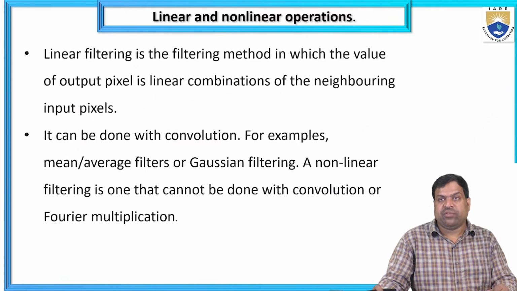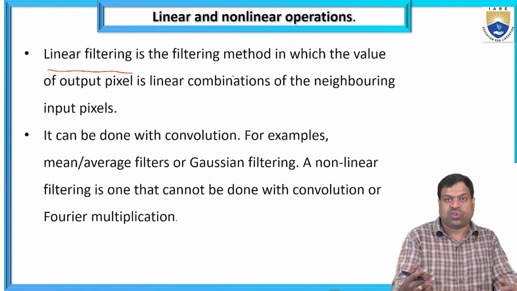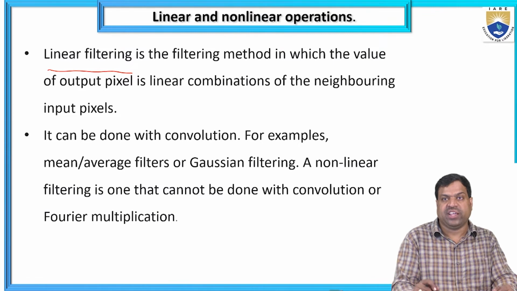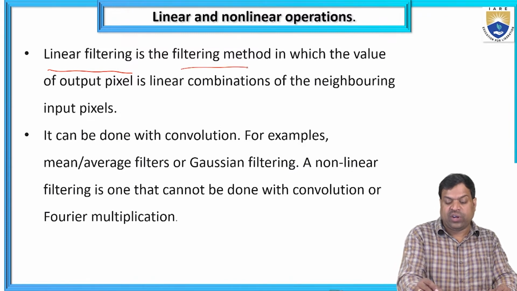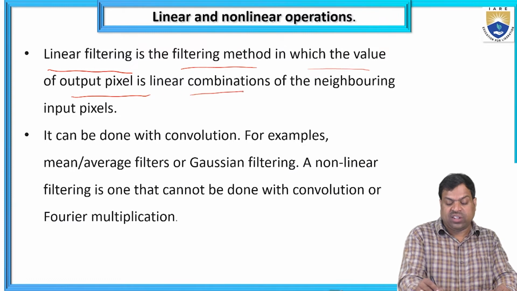So linear filtering is a filtering method in which the value of the output pixel is a linear combination of the neighboring input pixels. Suppose I am going for linear filtering, the original image captured by the camera is linear. Filtering means we are adjusting, removing the noise or adjusting the brightness or something.